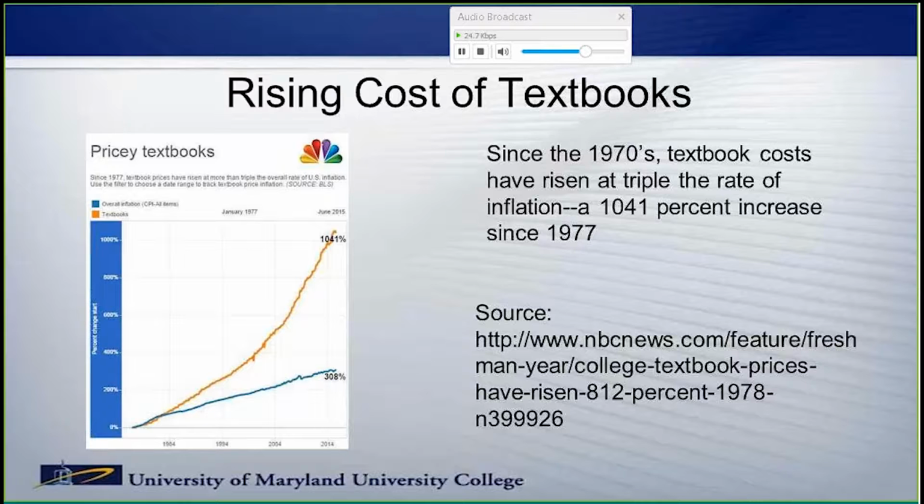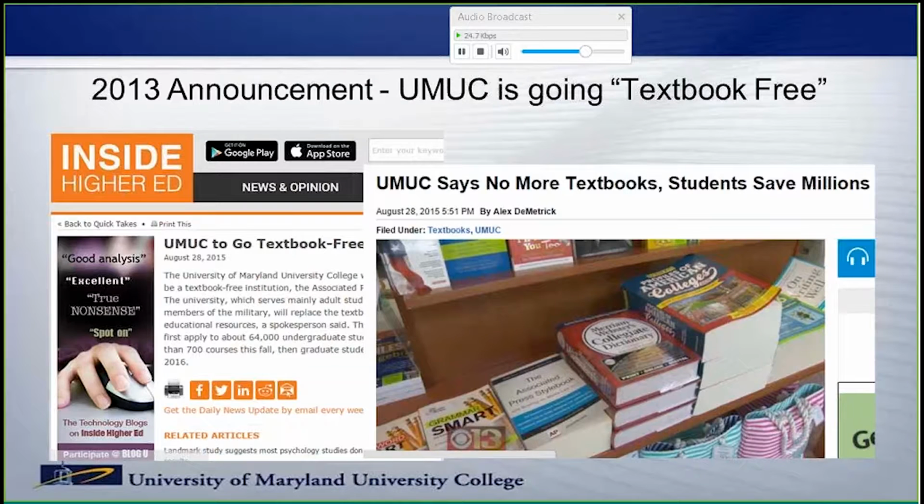And some students will go through a course with an older edition of a book or without a book at all. So these problems prompted the 2013 announcement from the president of UMUC that we would be going textbook free.